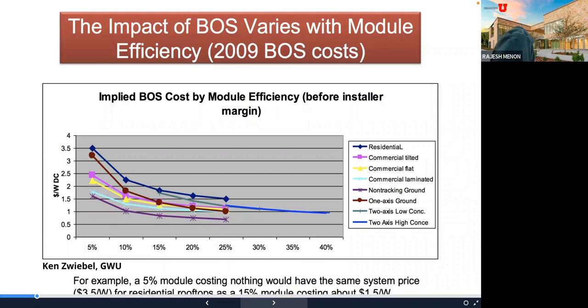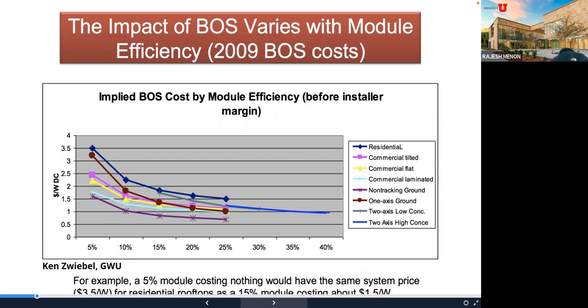And of course, as you expect, as efficiency increases, with the same installation you're producing more power. That means your balance of systems cost goes down, your power electronics cost per watt goes down, and your panel cost per watt goes down. So all the different aspects can be reduced by increasing the efficiency. That's basically what this is saying.